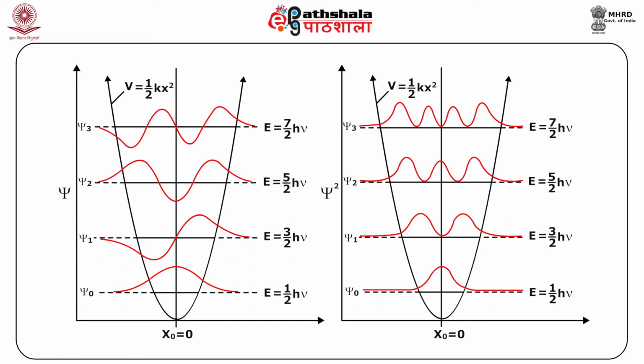You can see that on the left hand side, the wave function is both negative and positive, but probability densities are always positive, therefore they always lie above and are not less than 0. These are the things which you must notice. These plots are for the various energy states. If we start from the bottom, the lowest plot is for the ground state, then the next is for 3 by 2 h nu, and so on.